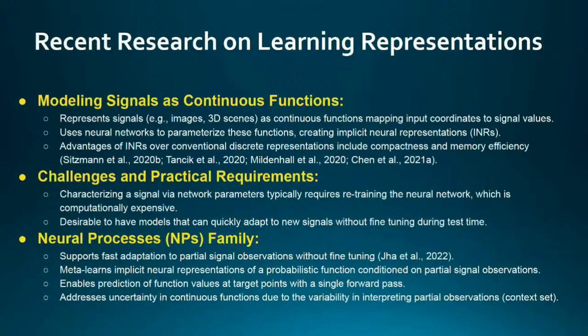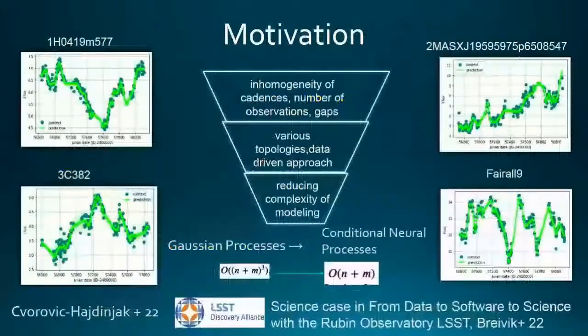Maybe the most challenging thing is the computational time, and that we need to find processes that can handle big data sets. One of the families which has been shown to be a good application tool is the family of neural processes.